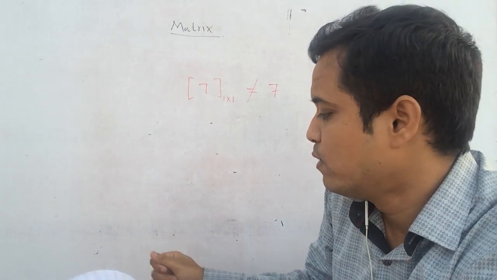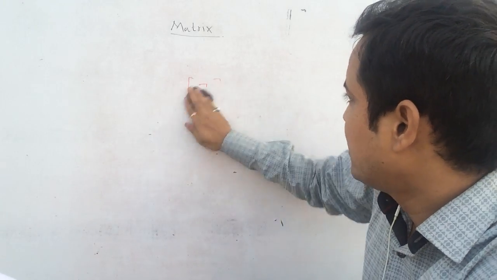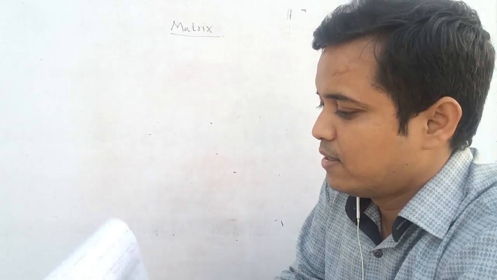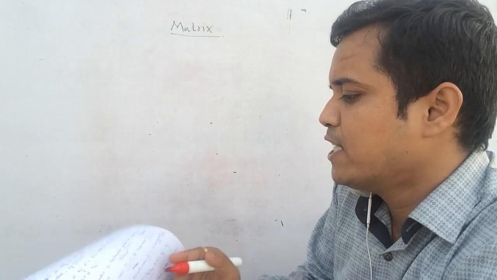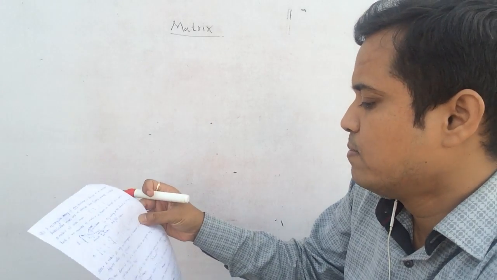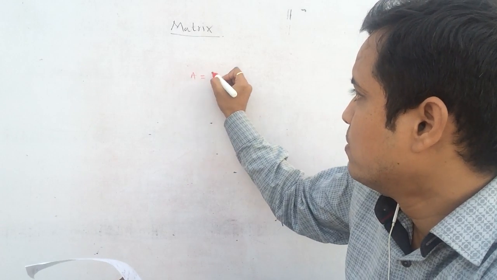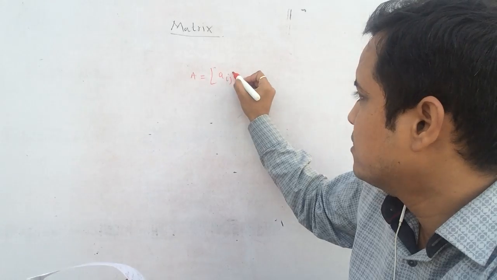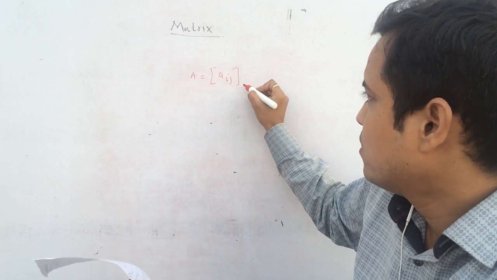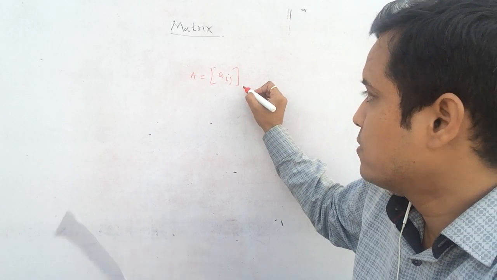Now we are moving to the question here. The elements of Aij of a 3 cross 3 matrix. That means Aij is the matrix whose order is 3 cross 3.